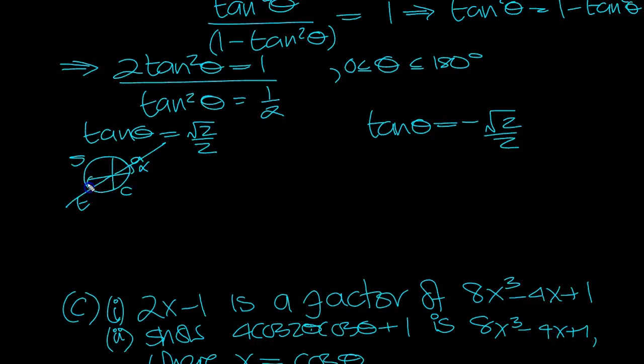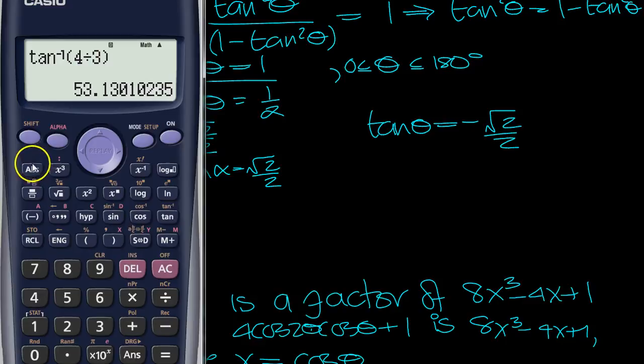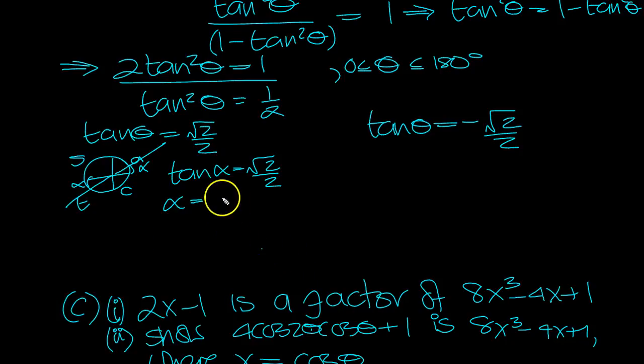This is alpha, its associated acute angle. Tan alpha is equal to root 2 over 2. So alpha then will equal shift tan of 1 divided by root 2, wasn't it? 35.264 degrees.